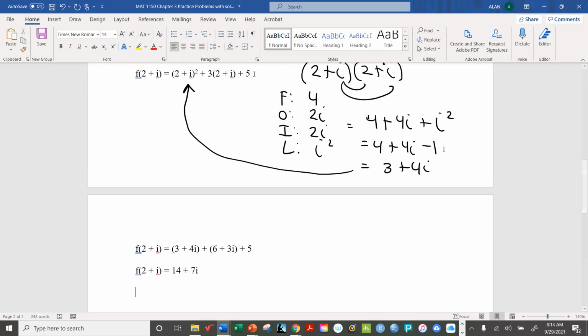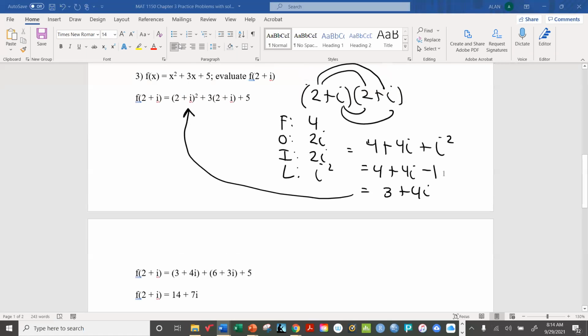Now, go ahead, Fernando. Oh, did you want to say something? I just wanted to ask real quick whether you can determine by using the FOIL method... Well, what I mean is that if you use FOIL, this is correct, but you can simplify it because i squared is -1, and you should always simplify whenever possible.